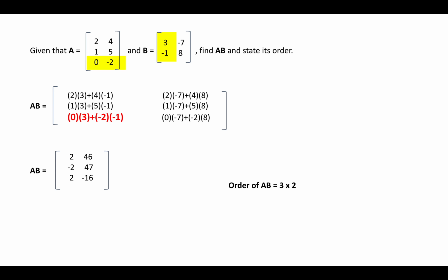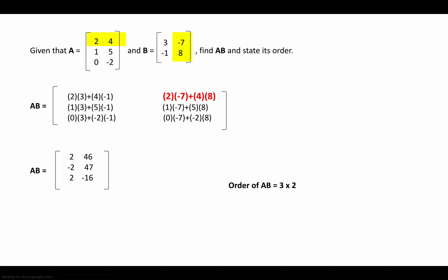To get the elements on the right hand side, as you might have expected by now, instead of using 3, negative 1, which is the first column of matrix B, we will now use the right column, negative 7 and 8. And we repeat the process again, row by row. So first row, 2 times negative 7 plus 4 times 8.